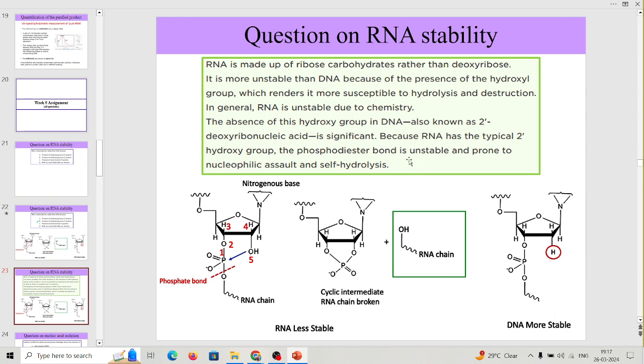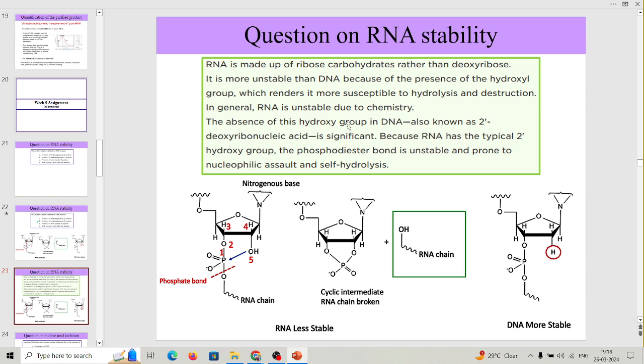Now see, this explains the theory behind this entire image. RNA is made up of ribose carbohydrates rather than deoxyribose. It is more unstable than DNA because of the presence of the hydroxyl group, which renders it susceptible to hydrolysis and destruction. In general, RNA is unstable due to its chemistry.